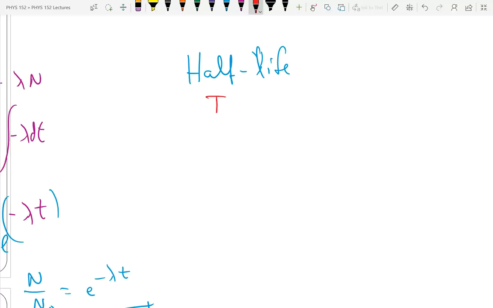The half-life is the time when N is equal to 1/2 N0. That's the time when half of your radioactive atoms have decayed. Because the number of decays per second is proportional to how many you have, the rate of decay is going to drop over time. And so it's going to take an infinite amount of time for them to all decay.